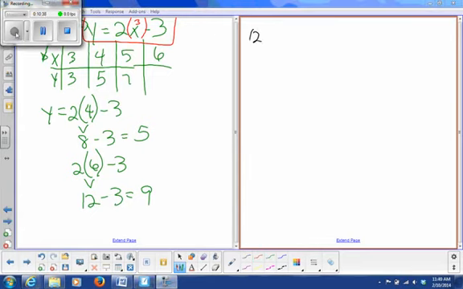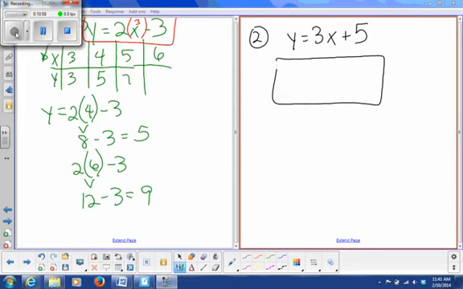For number 2, you have the equation y equals 3x plus 5, and they also give you the function table, which is 1, 2, 3, and 4 for x. Here are the x numbers, and we have to figure out what the y numbers are.